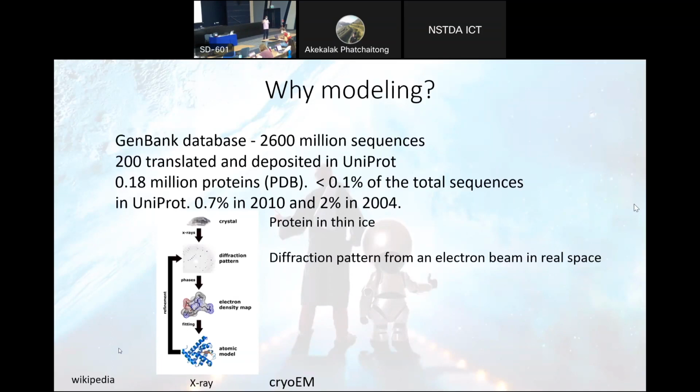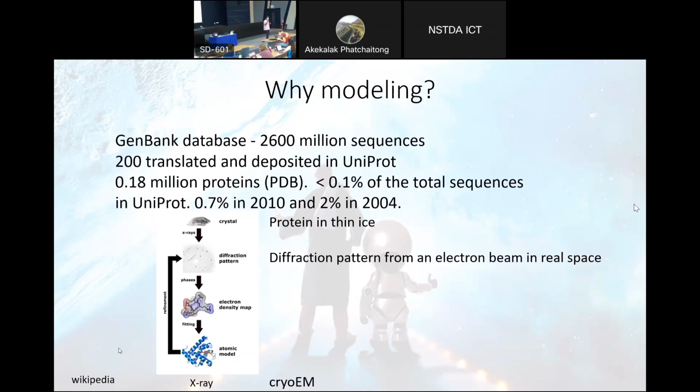In cryo-electron microscopy, everything is arranged randomly, so you do not know about your orientation. It's in thin ice, and then you send the electron beam. You collect the information actually in real space. You do not have to go to a Fourier transform space, but you can.